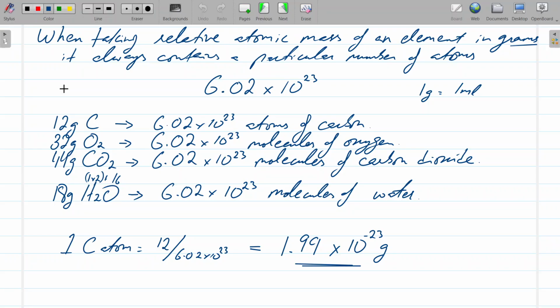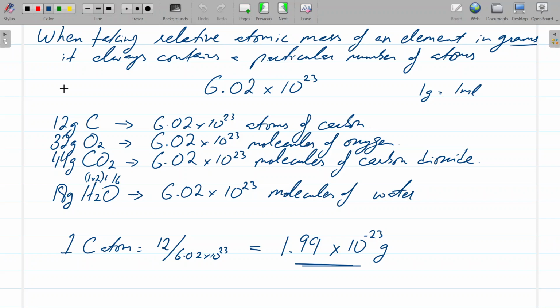So taking the relative atomic mass of an element or relative molecular or formula mass of a compound to be the mass in grams, that much mass correlates to 1 mole of that substance, that chemical, which contains 6.02 into 10 to the power 23.